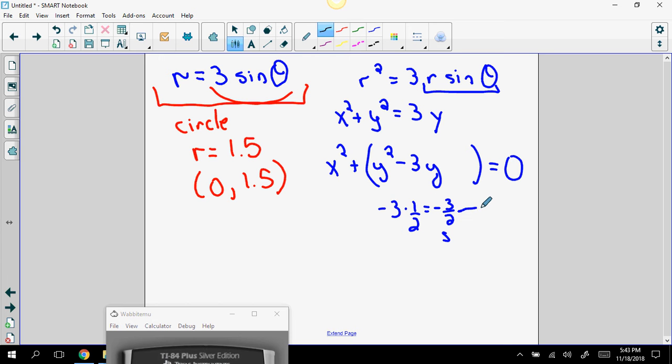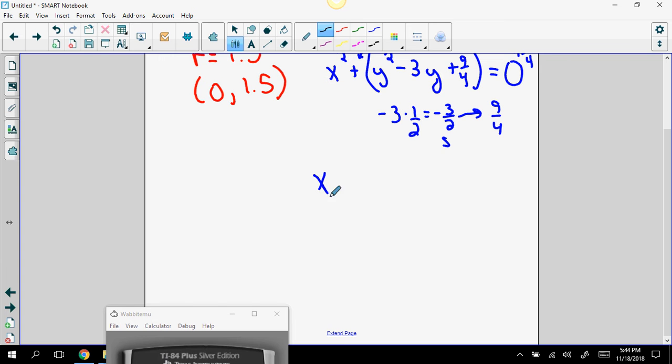You save that number, you square that number, you get 9/4, and you add 9/4 right here. Now you just can't add 9/4 to the problem out front. Yes, I added 9/4, so you add 9/4 to the other side to keep it in balance. So you get x squared plus (y minus 3/2) squared equals 9/4.